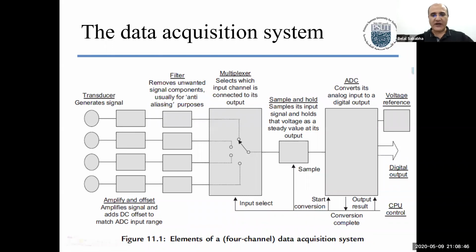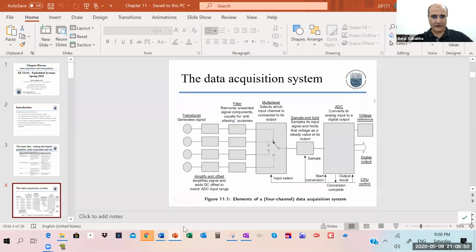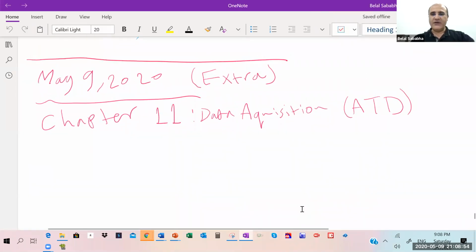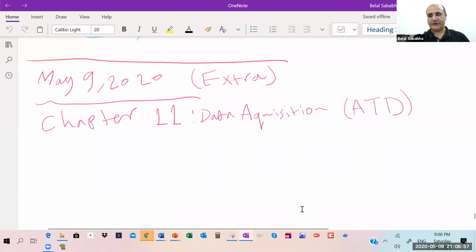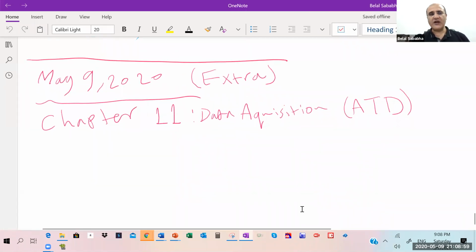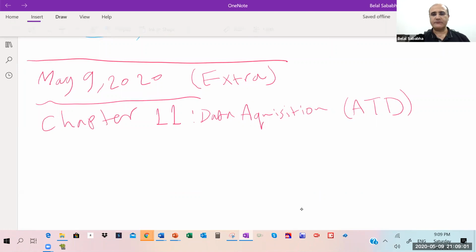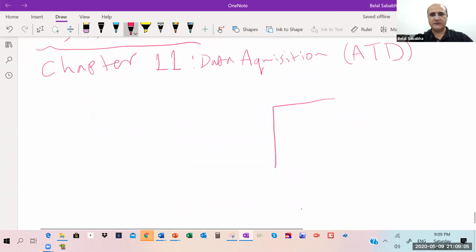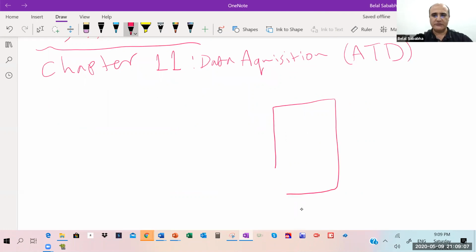Let's come back later to these drawings and look at the official material. But let me show you the main purpose behind this chapter. This is a microcontroller, an MCU.